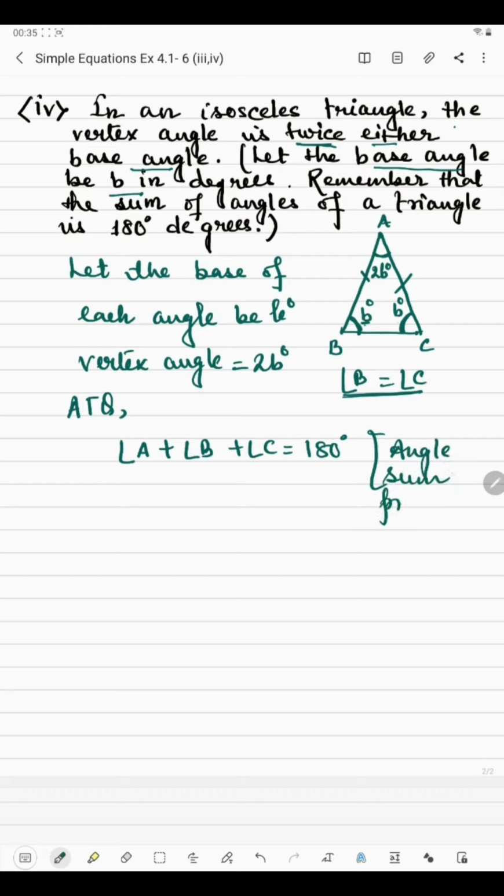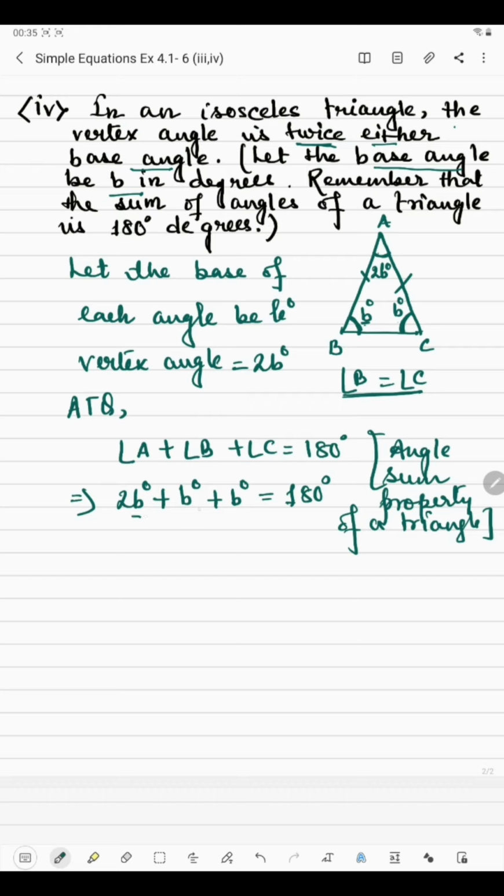So we'll write the reason: this is the angle sum property of a triangle, because we know that the sum of angles in a triangle is always 180 degrees. Now angle A is 2B degrees, so we'll put 2B degrees here. Angle B is B degrees, so we'll put B degrees, and angle C is also B degrees, so we'll put B degrees, equal to 180 degrees.